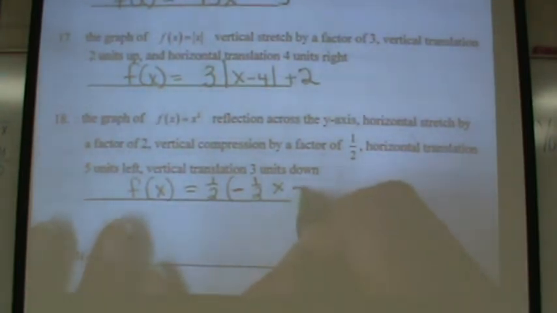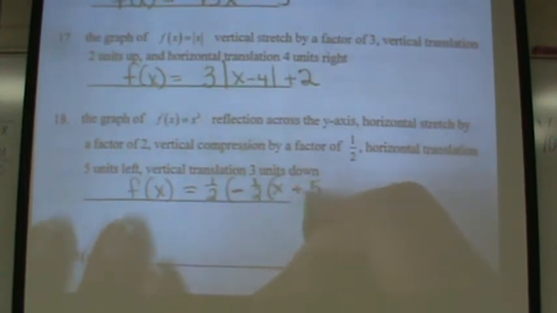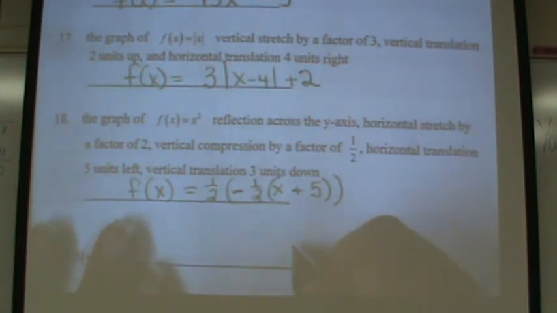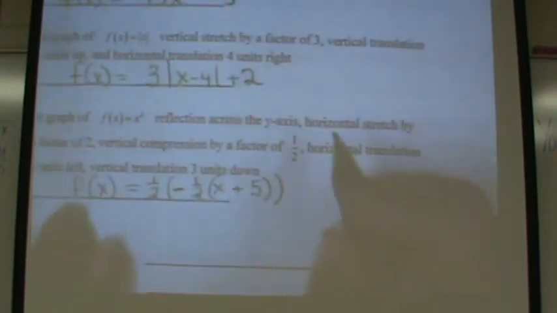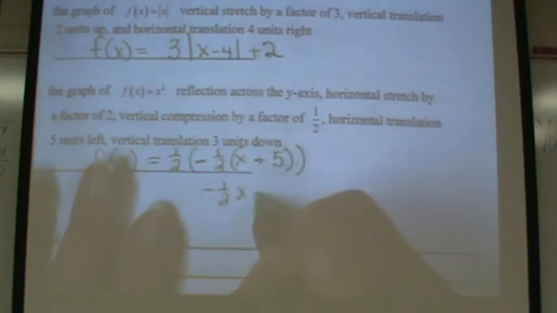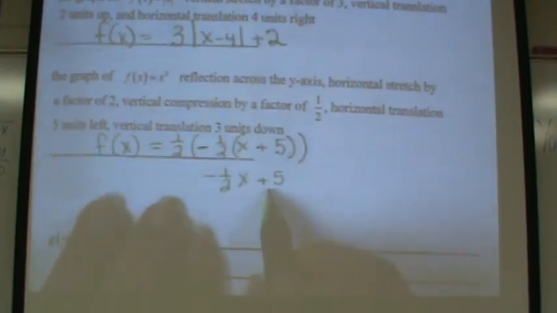Okay. If I do plus 5, I have to put parentheses there, or I have to do a minus 10. Why? Because it's 5 units left. If you don't have parentheses here, and you just do -1/2 x plus 5, this is not 5 units left.